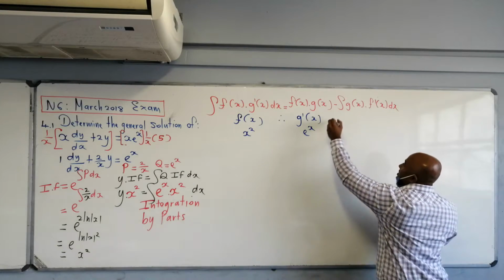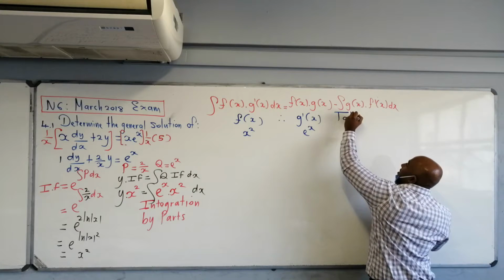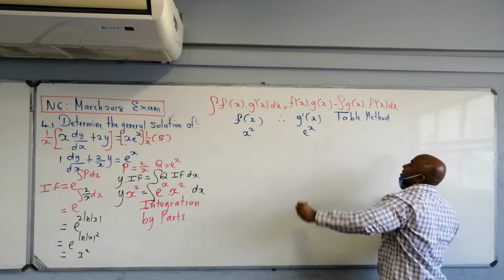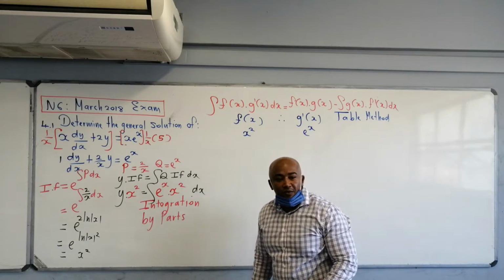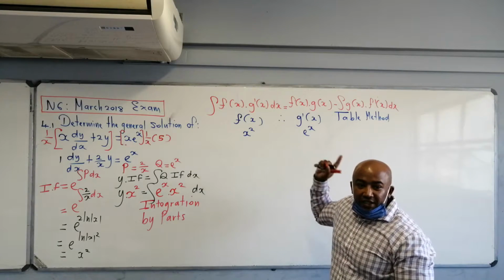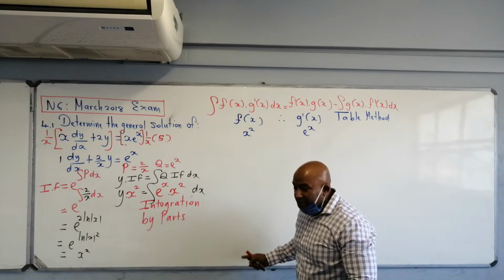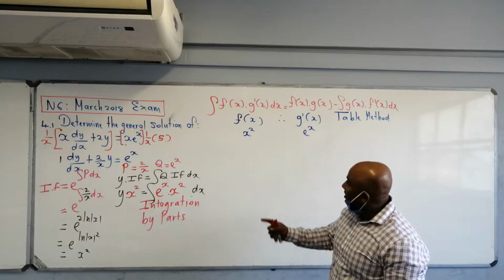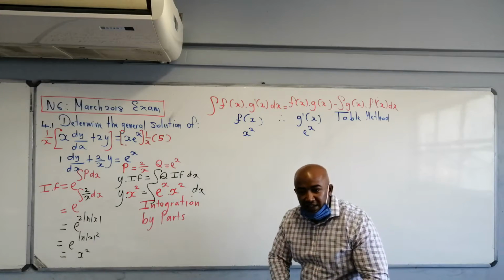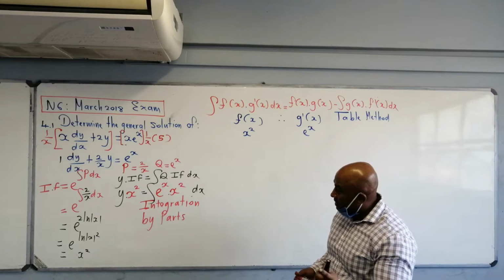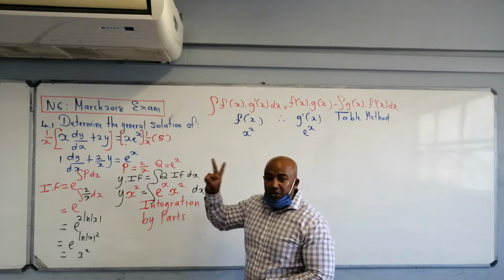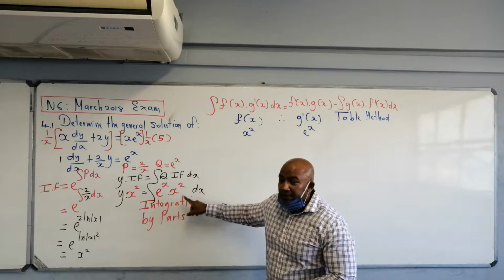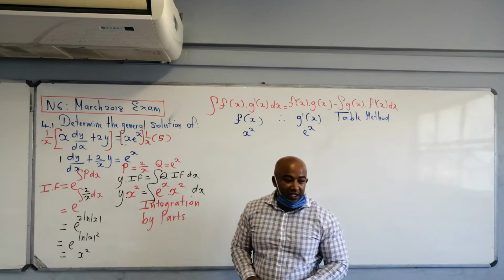Now I'm going to use this method, which I'm calling the table method. There's nothing wrong with using this method, but you need to state that you are using it, and you must show your steps. It works much faster than writing the formula over and over again. Because of the power 2, you're supposed to use the formula 2 times. If this was a power 3, you would use the formula 3 times.